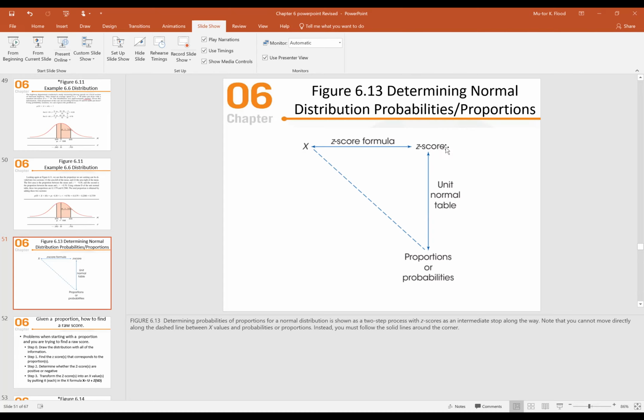And then you're going to use the Z score formula, more specifically the X score formula, to find out what the original raw score was.